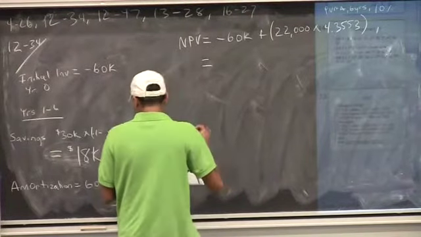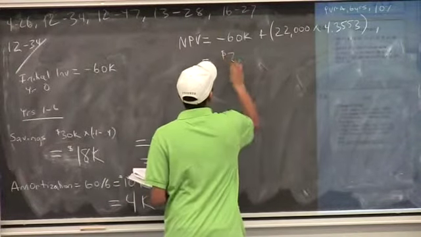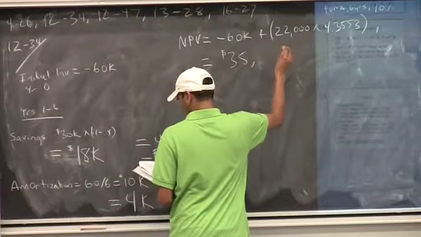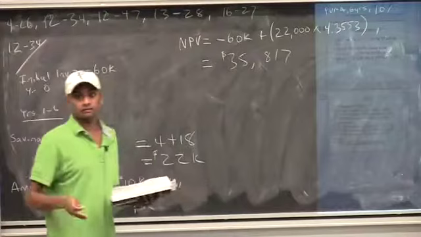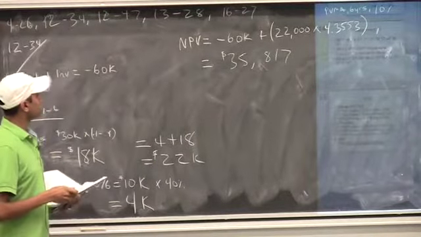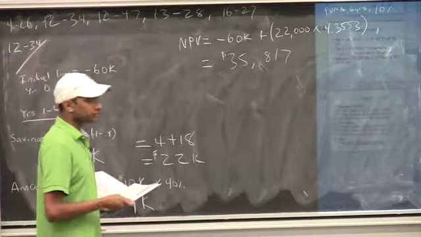And then you should get 35,817. You guys understand how to do that? Yeah, I think it's pretty straightforward.